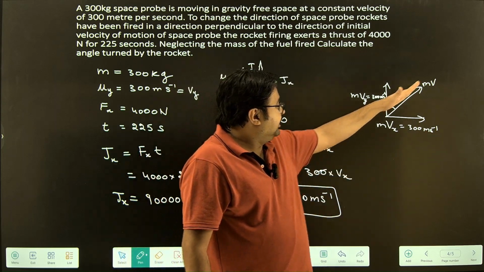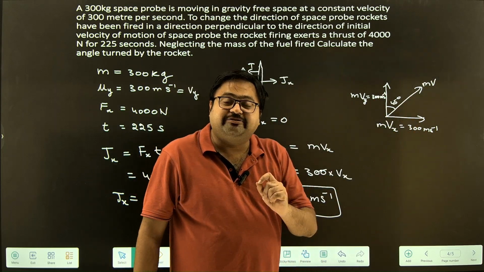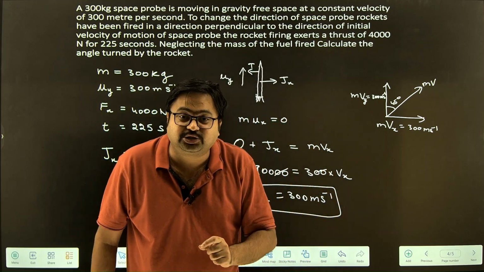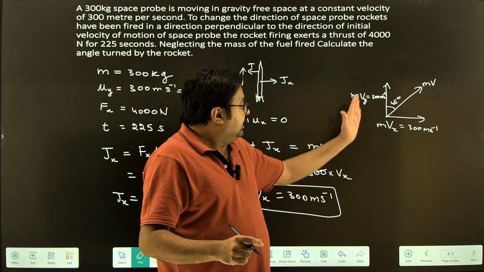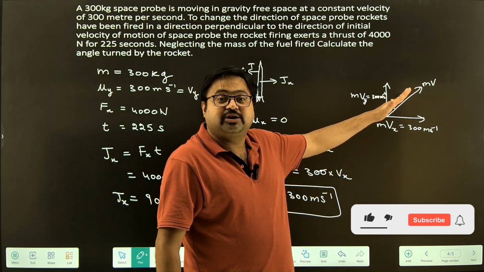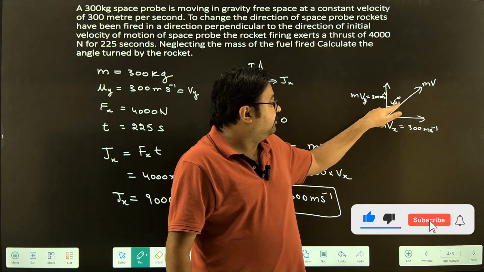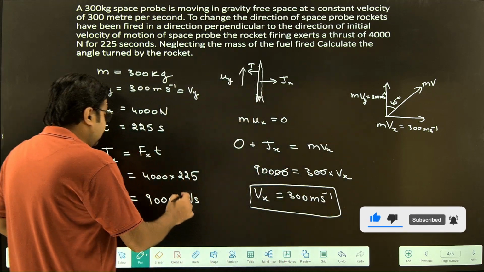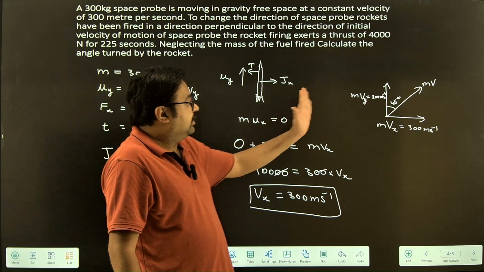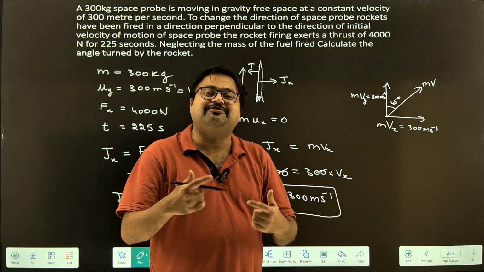The total velocity makes an angle of 45 degree, which means the momentum also makes an angle of 45 degree. Because of this, the new direction of the rocket is at 45 degree with the y-axis. So the rocket, during this time, 225 seconds, has turned by an angle of 45 degree.